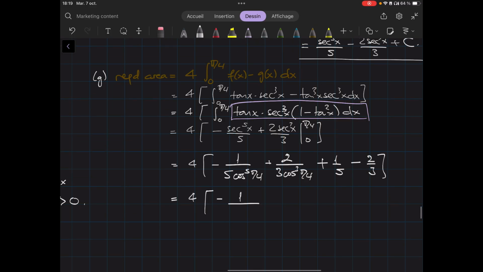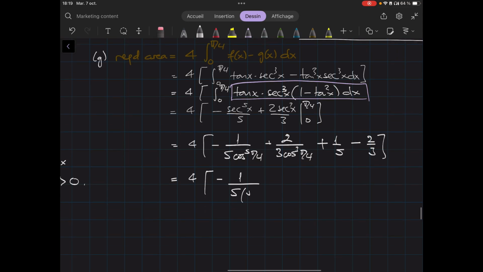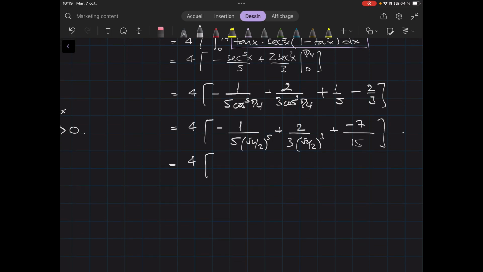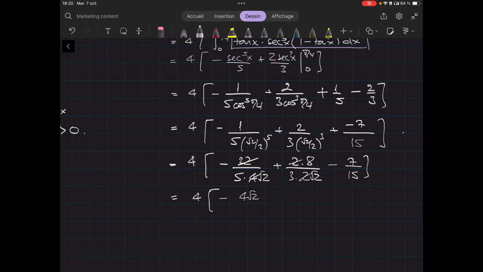Take your time with this. Cos of pi by 4, that's root 2 by 2. Two to the 5, that's 32. Downstairs, we have this guy. 2 to the 3, that's 8. Downstairs, we have 2 by 2, 2 root 2. A bit further, we would get 4 root 2 divided by 5.